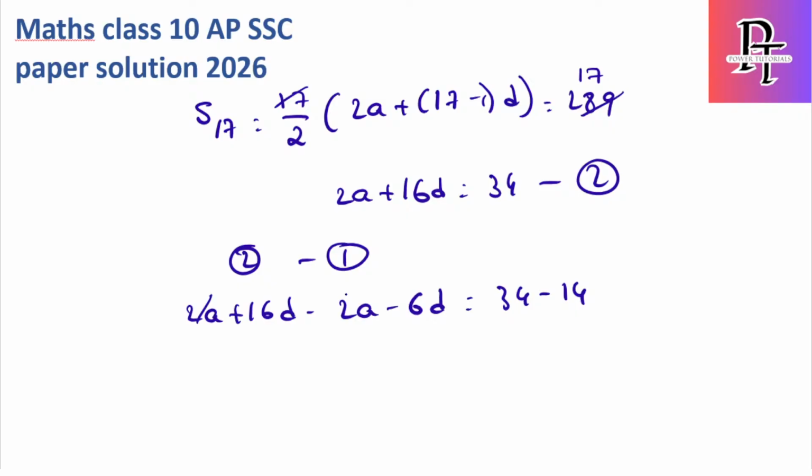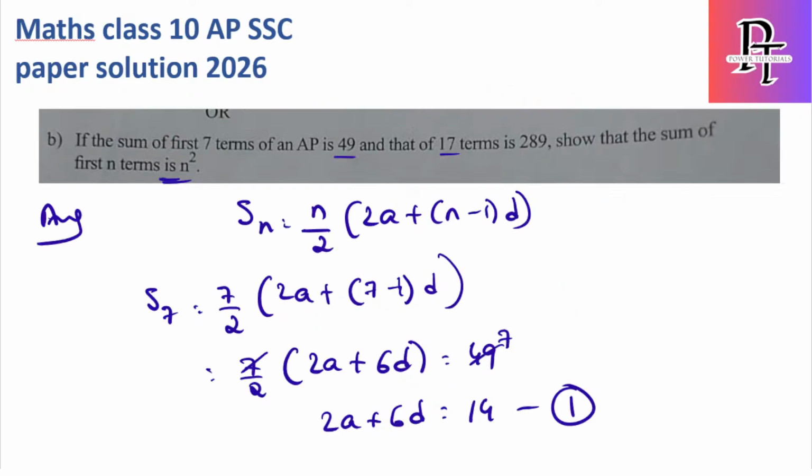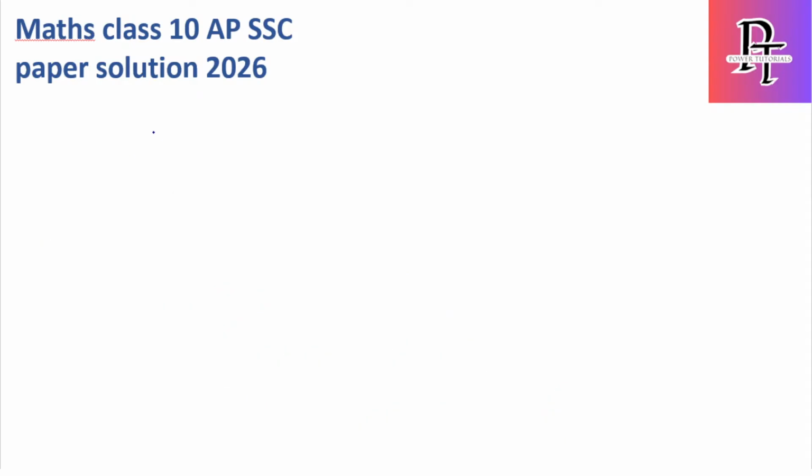So 2a gets cancelled out, 16d minus 6d is 10d, which is equal to 20. So I got the d value as 2. Same way, substitute in the first equation to get the a value: 2a plus 6 into 2 is equal to 14. So I will get 2a is equal to 2, or the a value is 1.